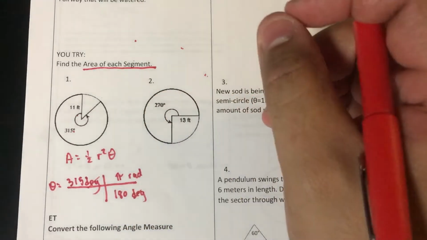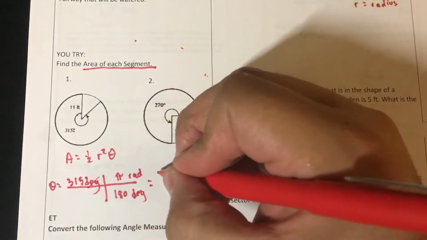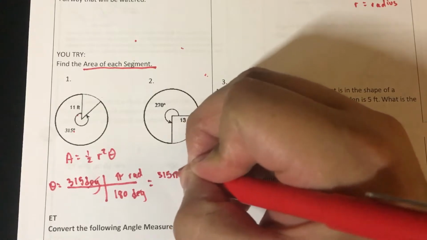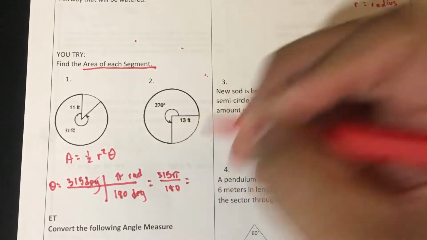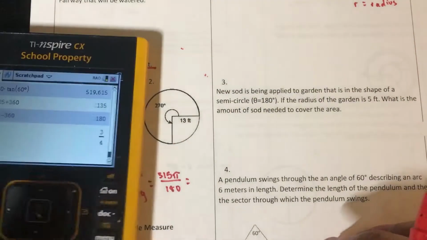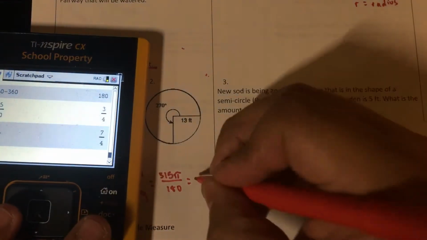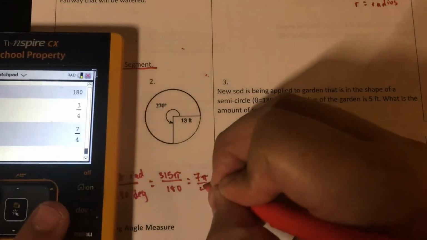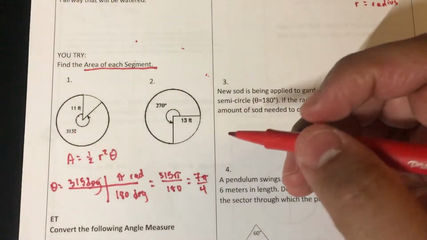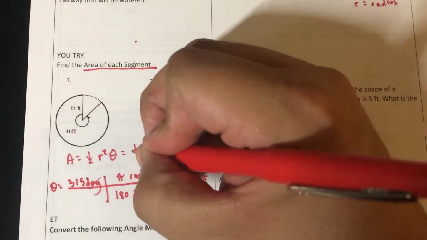So when I do that, I end up with 315 pi over 180, which I can reduce to 7 pi over 4.